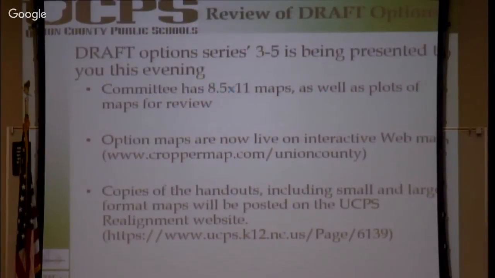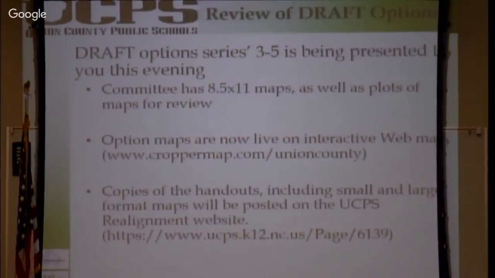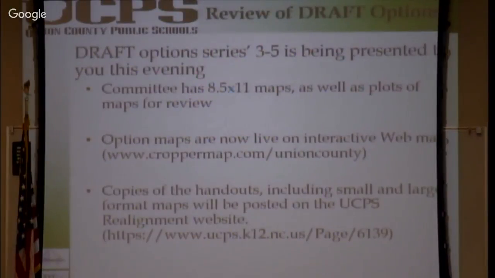All of this information is posted online, so the public can download and print any of these materials as well. The interactive map now reflects all of the options that have been drafted to date, and as I said, everything is posted online as well.